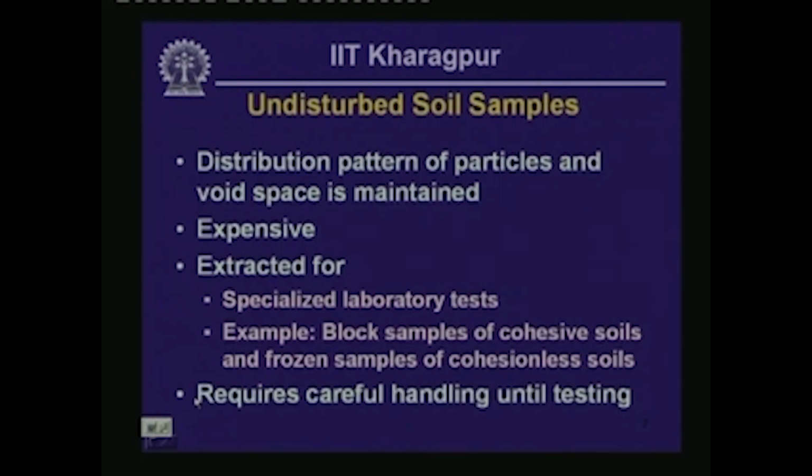Okay. So, then we move on to the undisturbed soil samples. In this case, the distribution pattern of particles and void space is retained. Unlike disturbed soil samples, in undisturbed soil samples we have to lock in the pattern of distribution of individual soil particles and void spaces within the sampled volume.